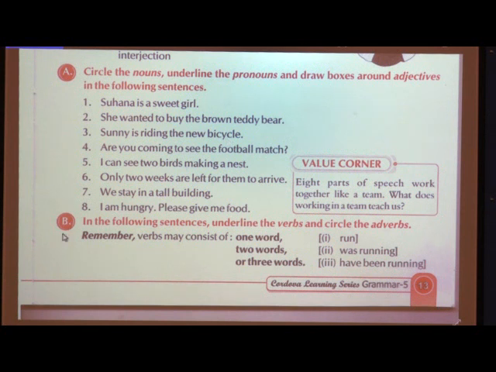Now, the next exercise is B. What they have given: in the following sentences, underline the verbs and circle the adverbs.